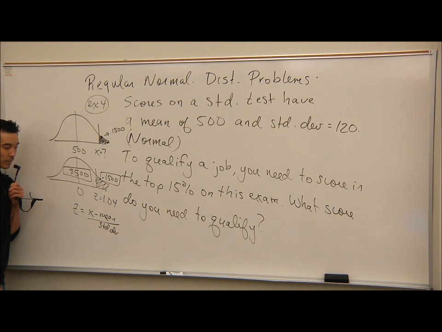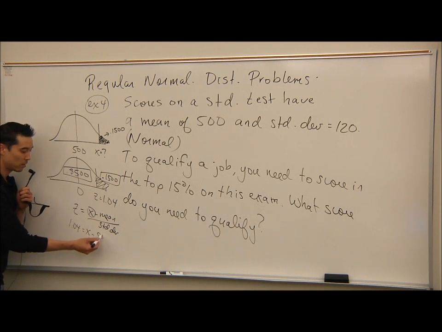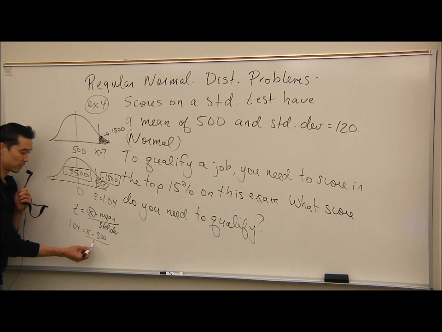Okay. So in all the problems previously, we were finding z. This time we have z and we're trying to find x. Okay, so now let's fill in what we know. z is 1.04. We don't know x. We do know the mean, 500.